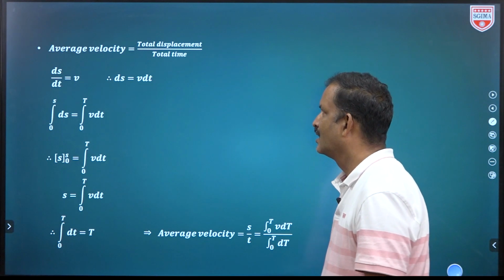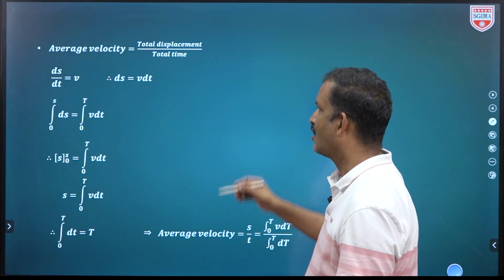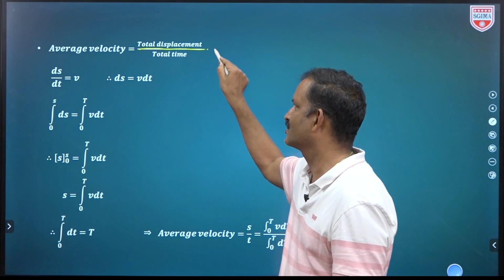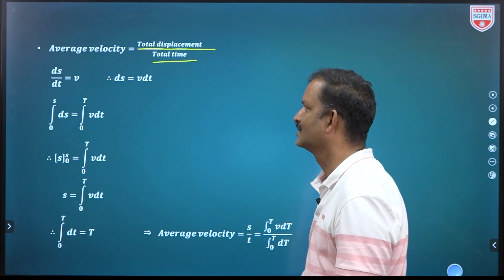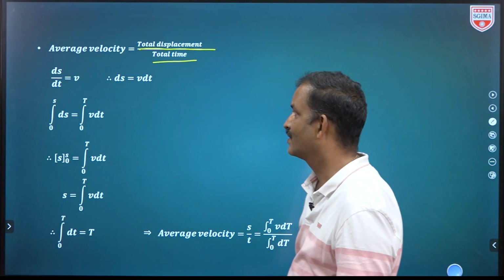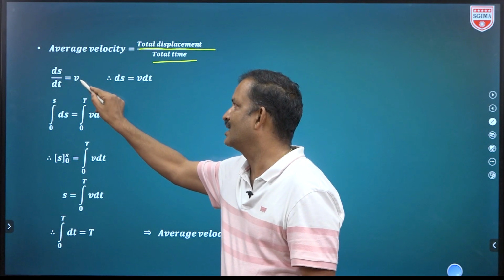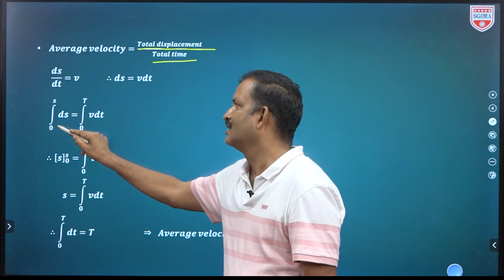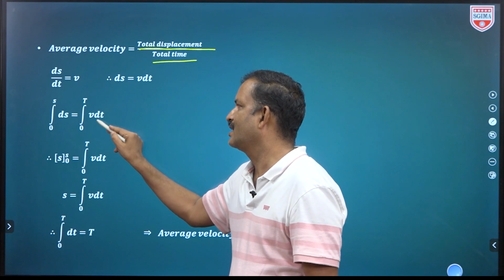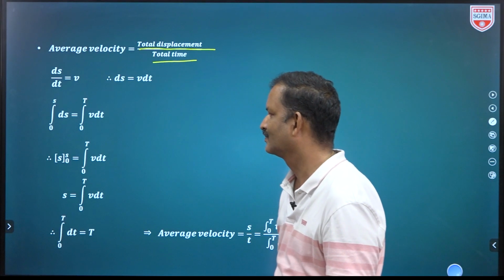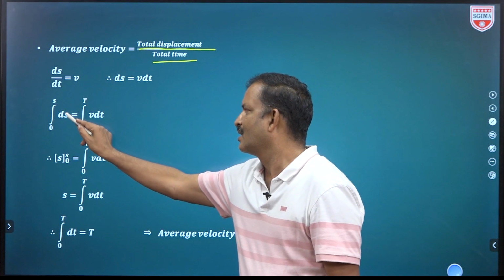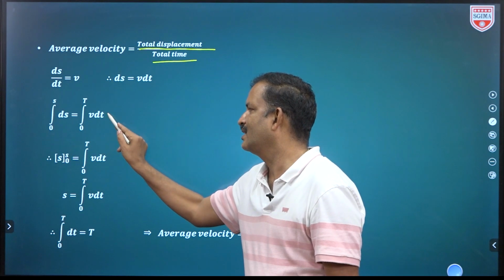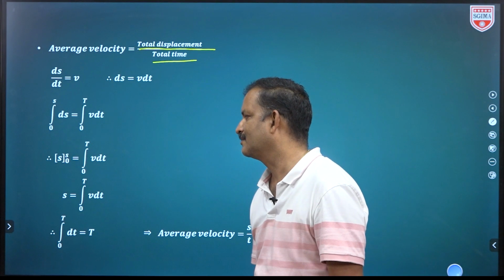We know that, I already discussed how to get average velocity. Average velocity is nothing but total displacement by total time. Total displacement, how will you get? ds by dt is v, then ds is equal to v dt. So integral of ds from 0 to s is equal to integral of v dt from 0 to t.